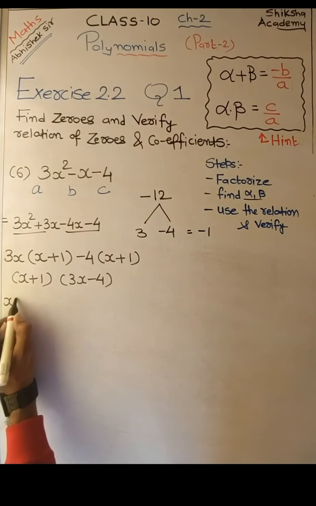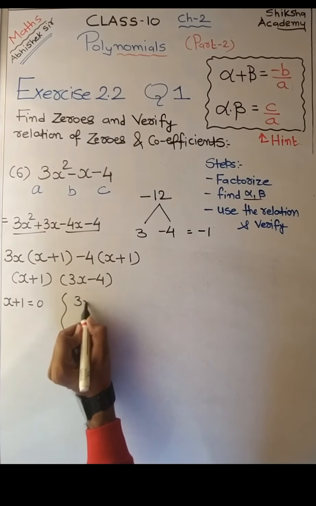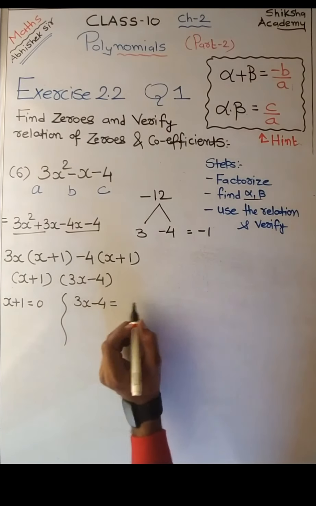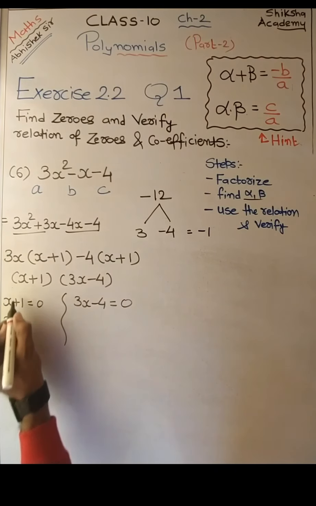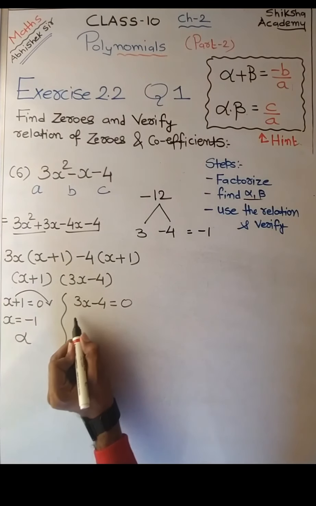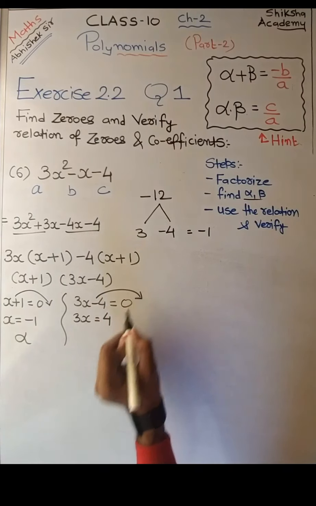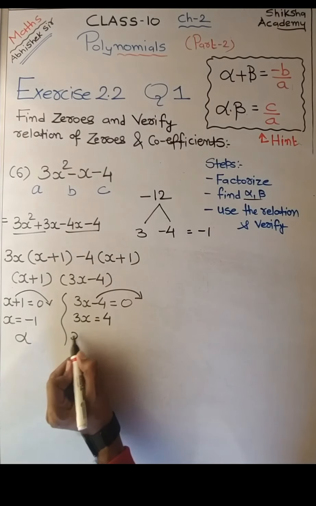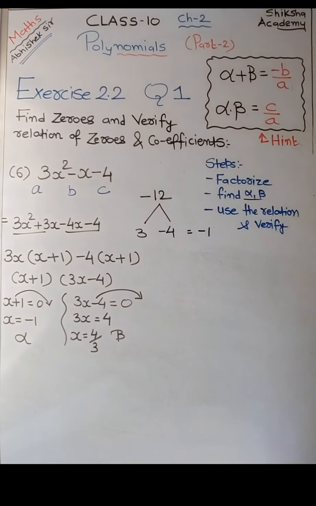Comparing it with zero will give you the factors alpha and beta. X equals to minus 1, this is our alpha, and over here 3x equals to 4, minus 4 goes over this side, sign change, plus 4, x equals to 4 upon 3, this is our beta.